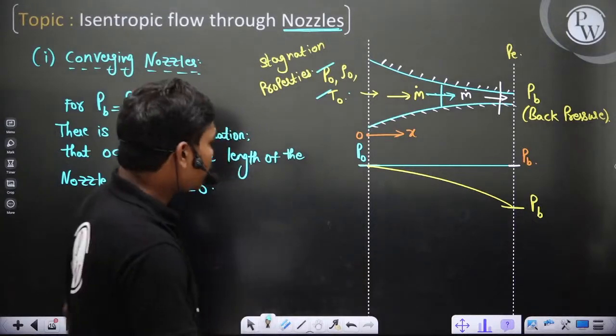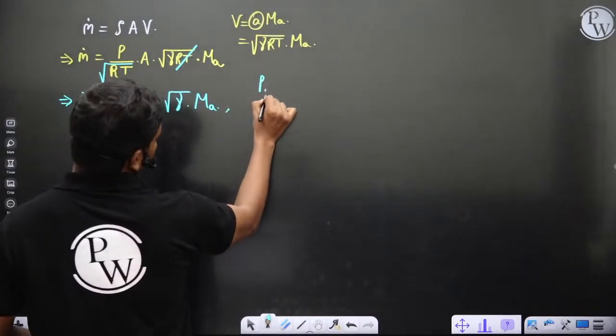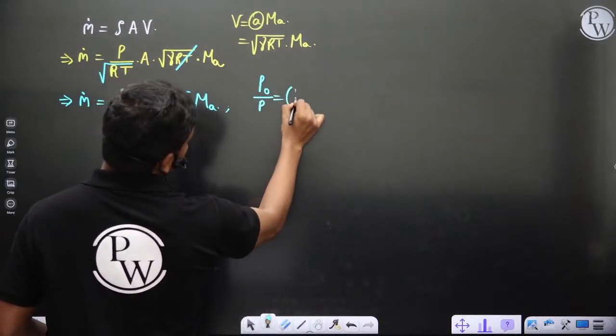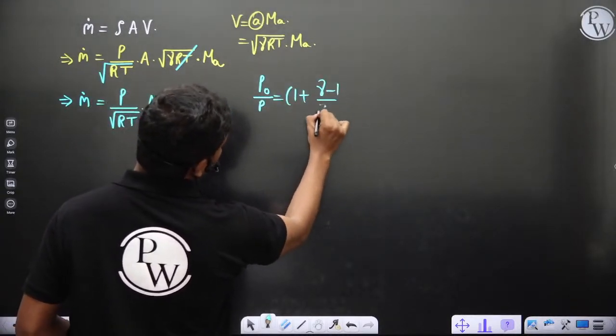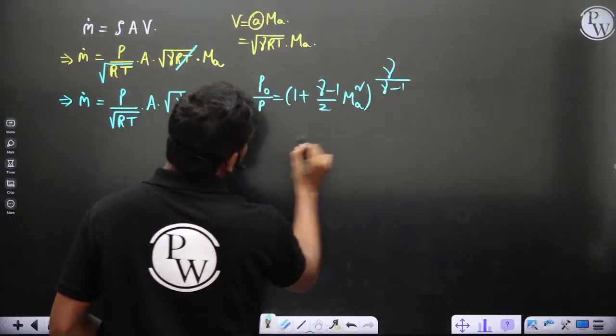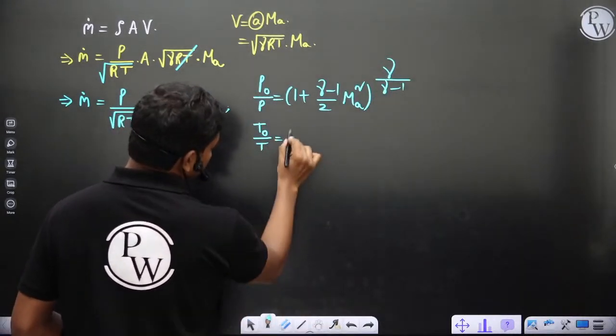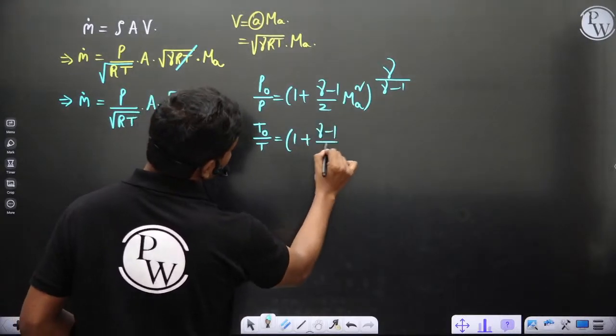Now, we know P naught by P is equal to (1 + (gamma minus 1)/2 Mach number square) whole power gamma upon gamma minus 1, and T naught by T is equal to 1 + (gamma minus 1)/2 Mach square.